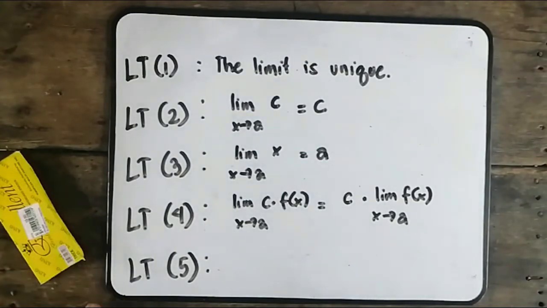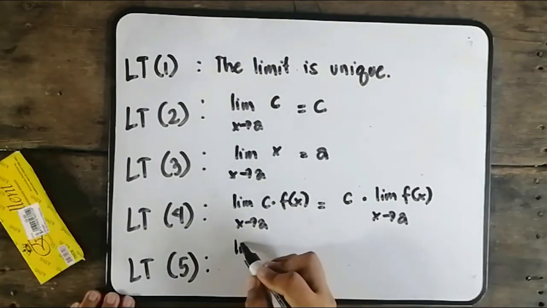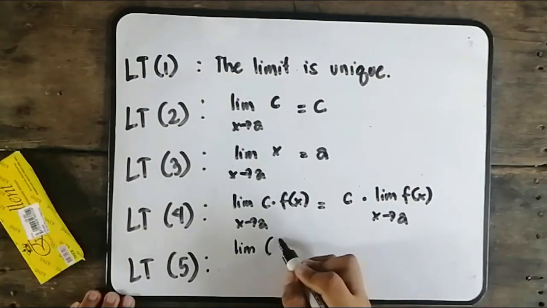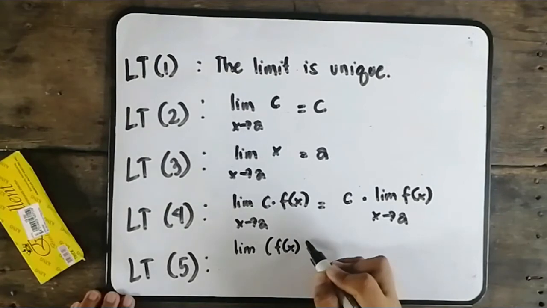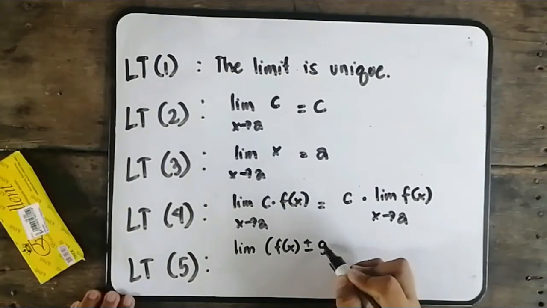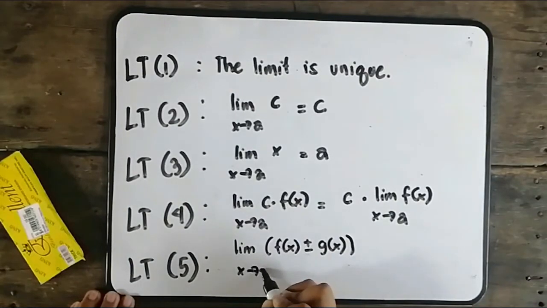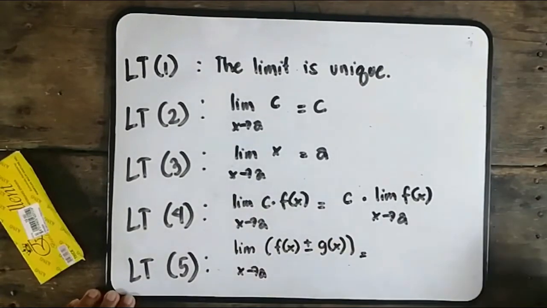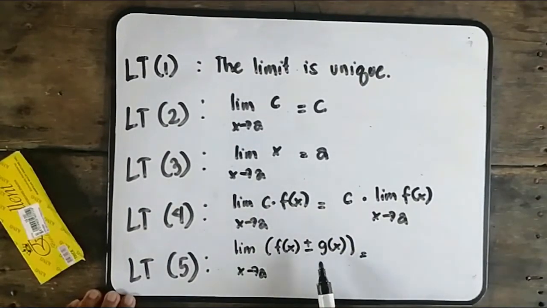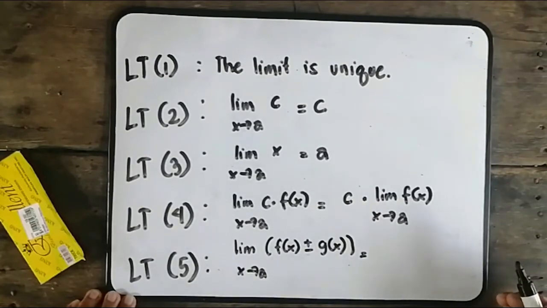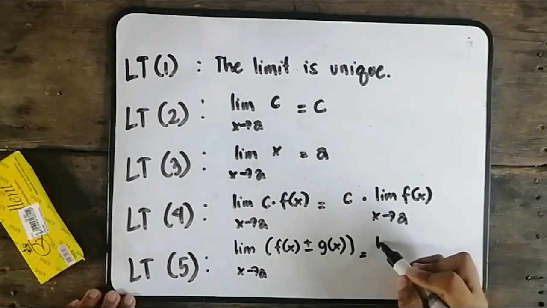Limit theorem number 5, yung limit ng sum or difference ng 2 or more functions, okay, 2 or more to kahit ilan yan, as x approaches a, is actually pwede nating kunin yung limit ng individual functions. And then we add or subtract, whatever man yung operation.